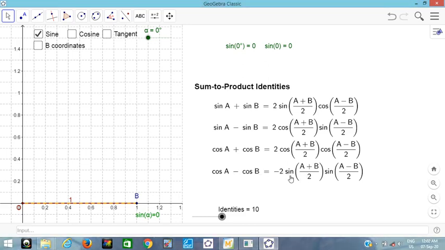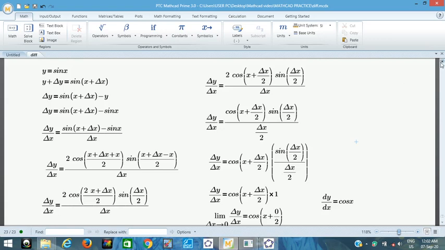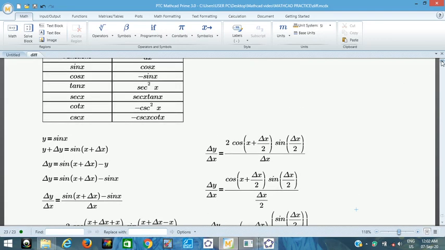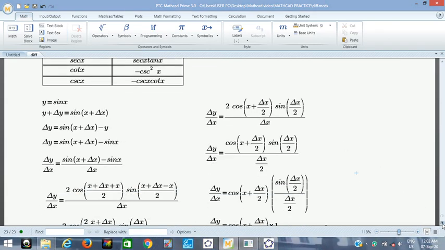Then you do the same approach, and that is why at the end of the day, this 2 will go down, and you are left with minus sine as your result. So that's why you can see from the table, when you differentiate cos x, you get minus sin x. So that is all from first principle.